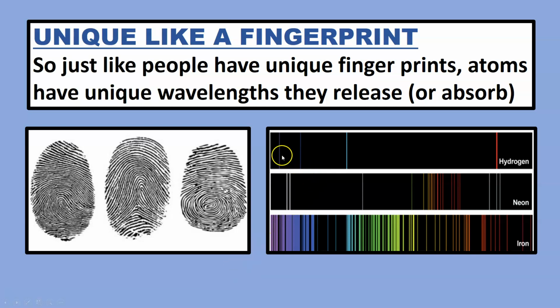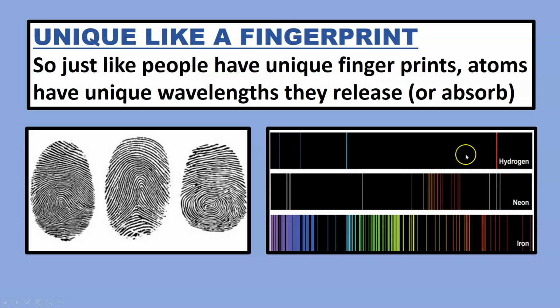Okay? Some elements only have a couple of lines that we can see, like hydrogen. Neon has a few more. Neon's a little bit bigger. There's more electrons. There's more energy levels for them to move up and down from, so we get more wavelengths. Iron, look at all of these. Iron has so many electrons in all sorts of orbitals, moving all over the place, so we get lots and lots of lines.